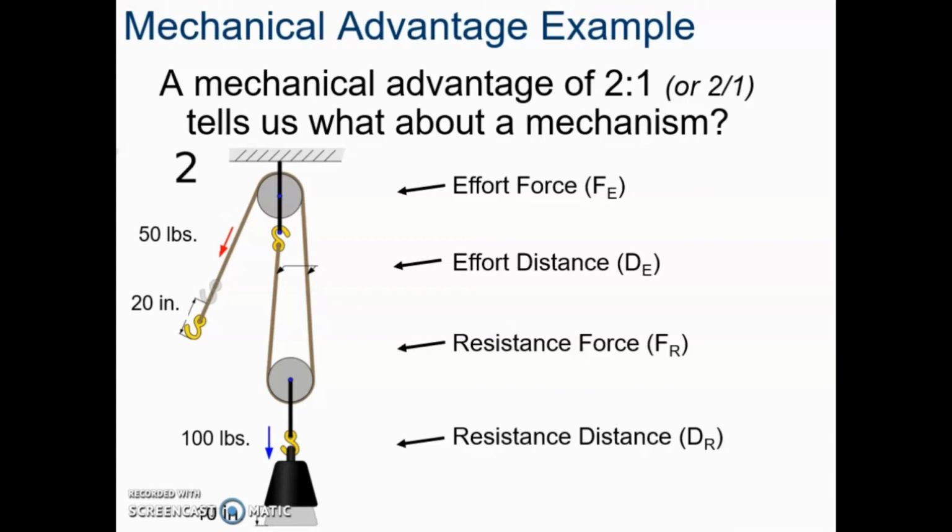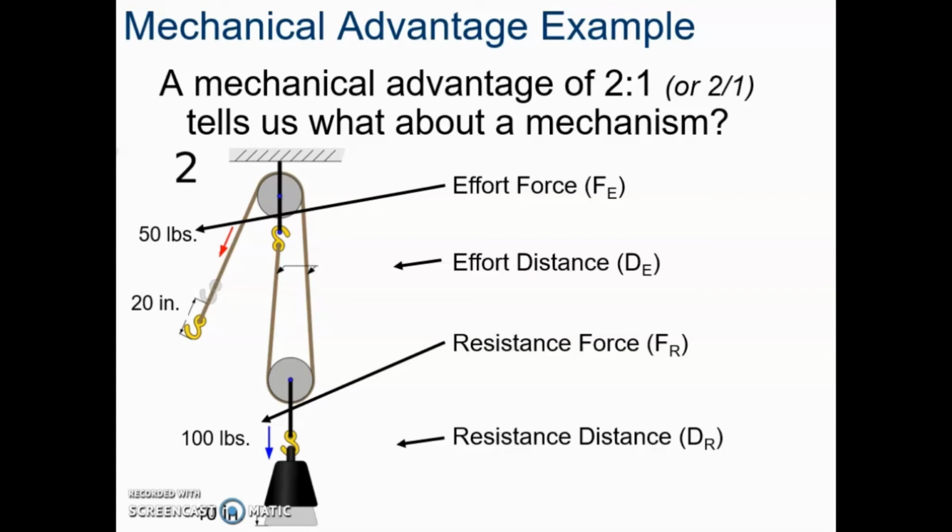So let's say that our overall goal is to lift a 100-pound object that we see here. When I put my force into this machine, it is going to essentially double the force that I put in, which means I only have to put in 50 pounds of force to lift something that is 100 pounds, because my mechanical advantage is 2 to 1.